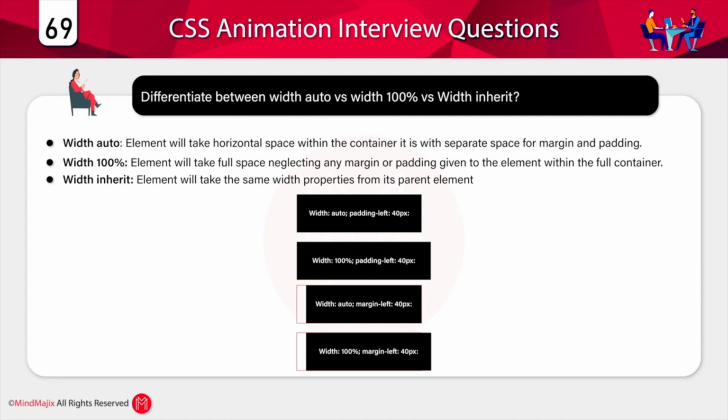With 100%, the element will take the full space of the container, neglecting any margin or padding given to the element. Width inherit: the element will take the same width properties from its parent element. Width properties will be inherited to this element from its parent. That is width inherit.